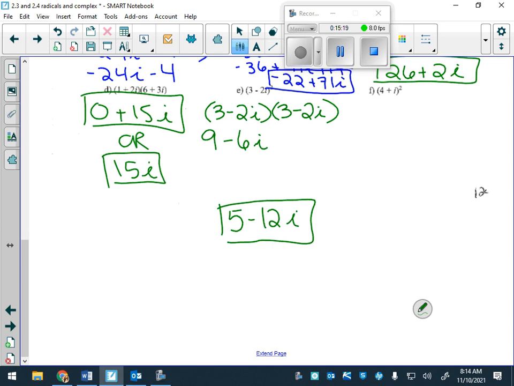Negative 2i times 3. Good. Negative 2i times negative 2i. Positive 4i squared. So we have 9. We add these things, we combine like terms, so negative 12i. This becomes negative 4, and then we combine like terms. Okay? Calculator.